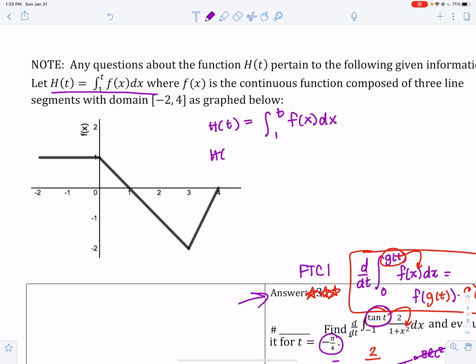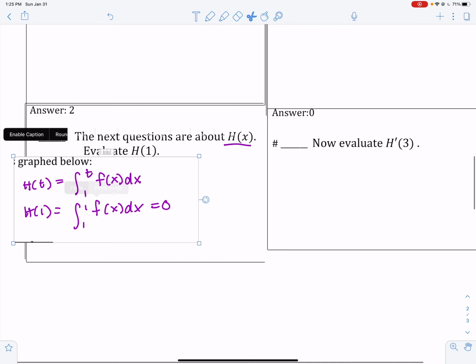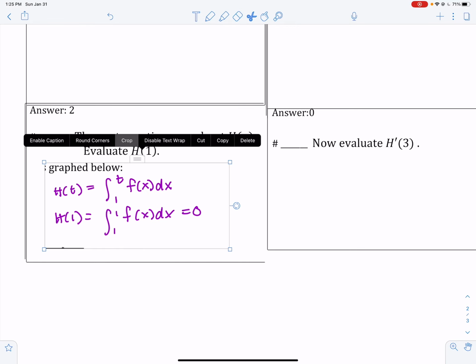So if I want h of 1, I want the integral from 1 to 1 of this function. Well, 1 to 1, that's just 0. So that's what I'm going to use. I'm going to go ahead and put this in the cell below, just so I can send you guys the key and it's all there.